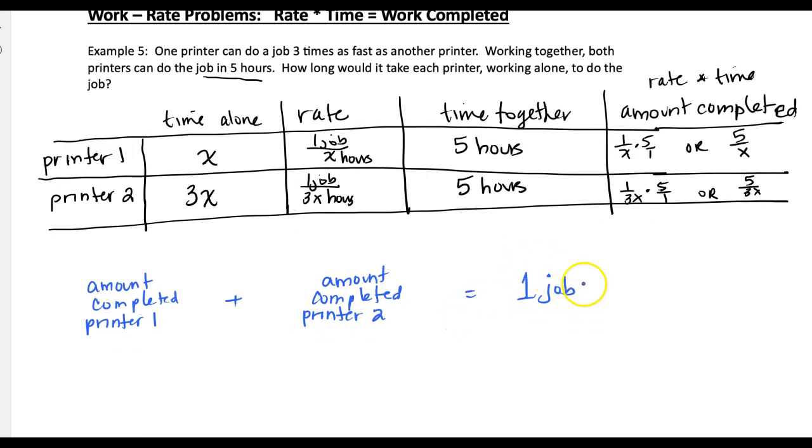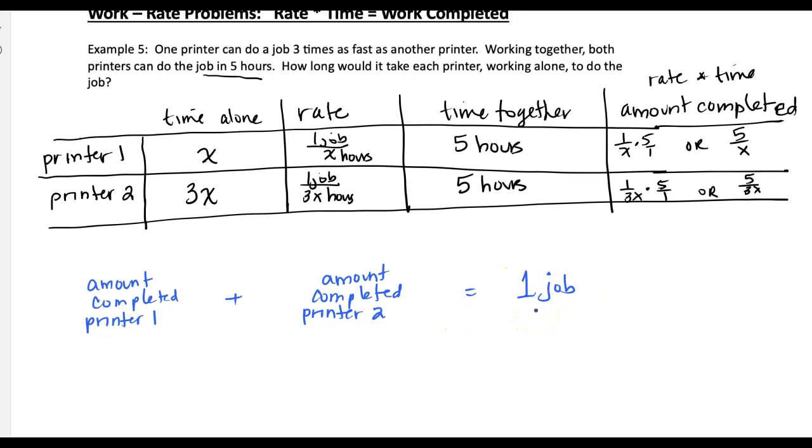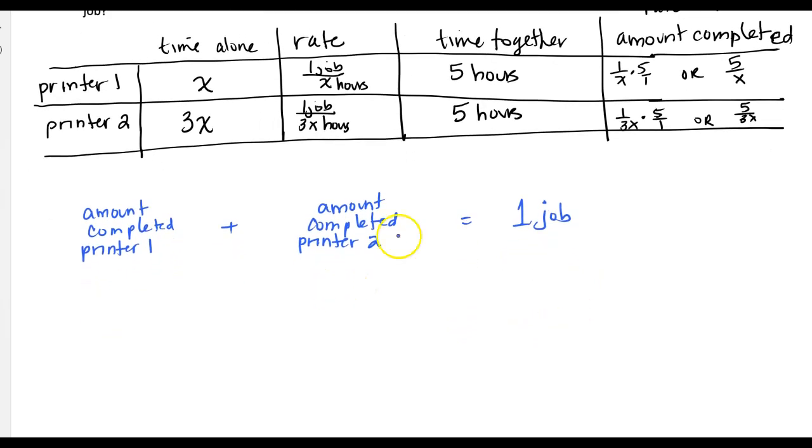They're going to finish one printing job together. So the amount completed by printer 1 was our 5 over x when we simplified it. The amount completed by printer 2 was 5 over 3x when simplified. And again, they're going to equal one job finished.